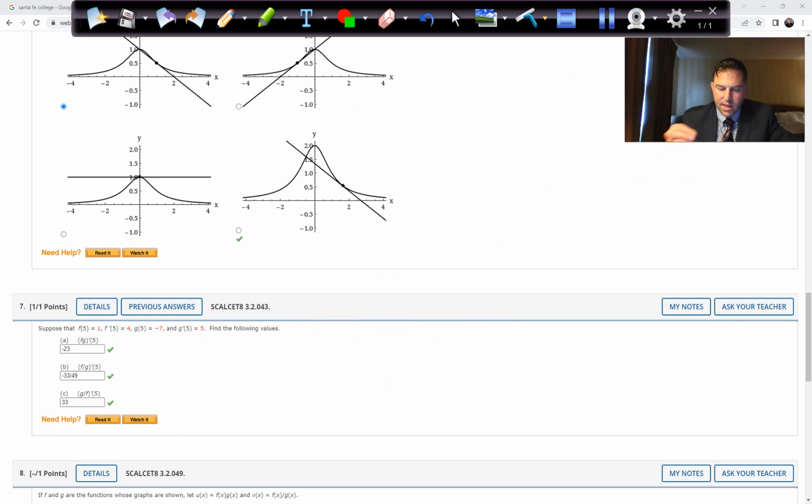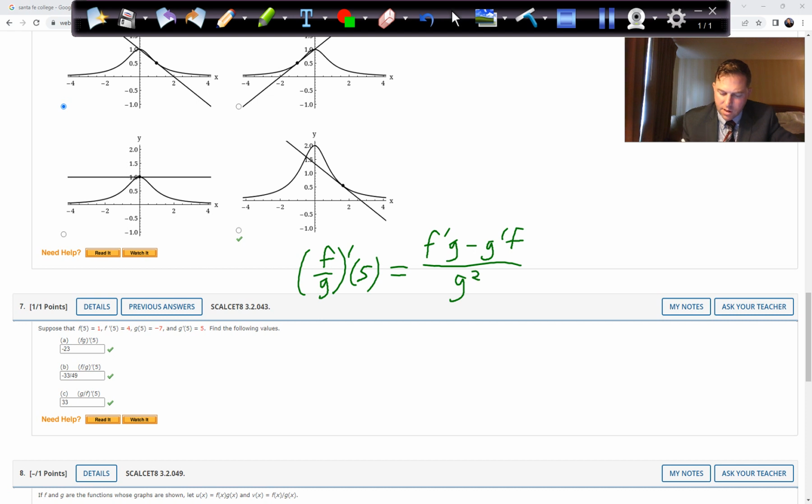Then in the second one, they want us to use quotient rule again. So they have (f over g) prime evaluated when x is 5, which would be (f'g minus g'f) over g squared. They told us f prime at 5 is 4.